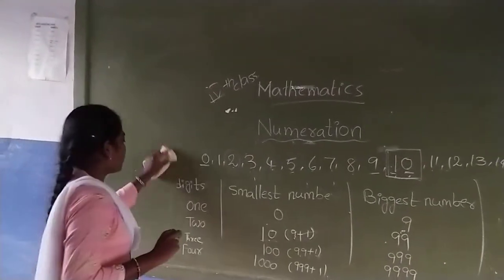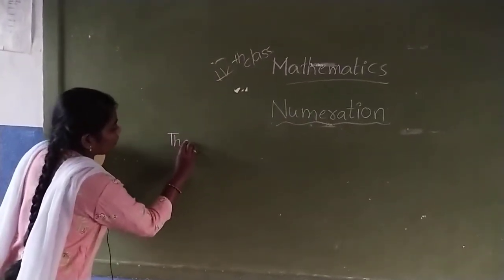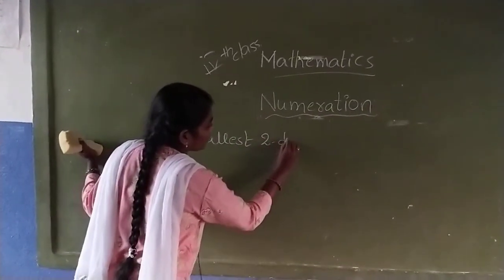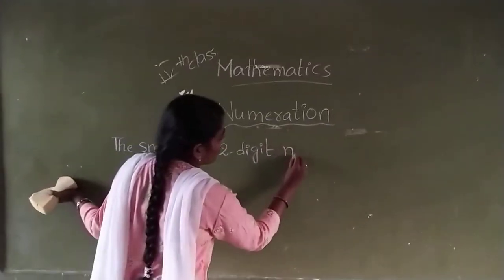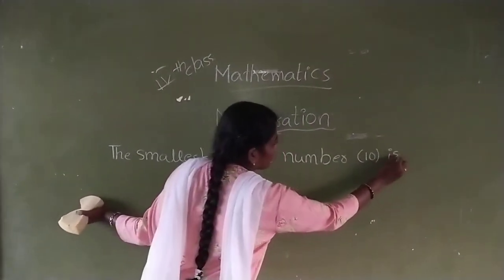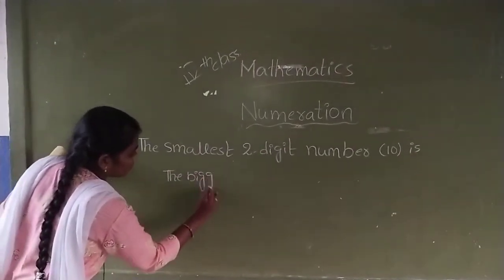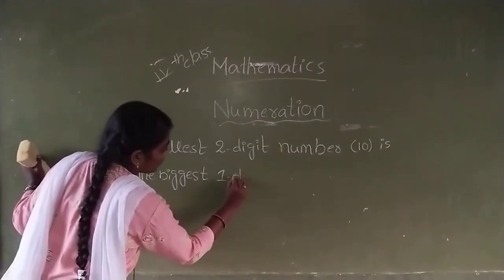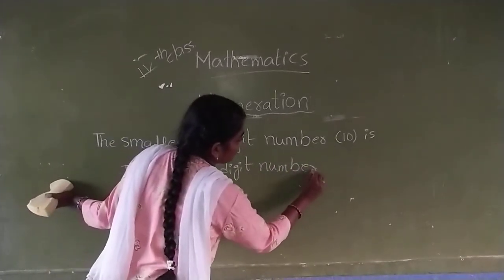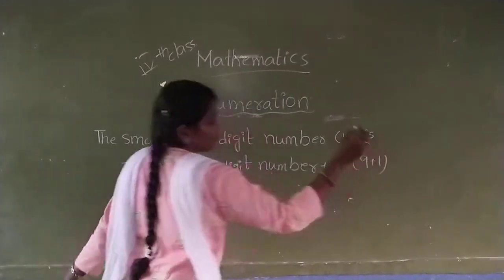From this, by observing that table, the smallest 2 digit number, that is 10, is the biggest 1 digit number plus 1, that is 9 plus 1.